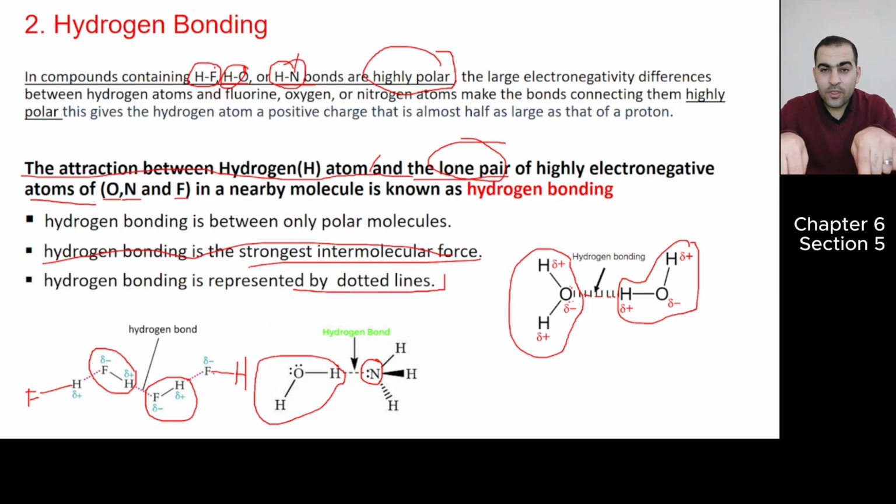So hydrogen bonding is a dipole force, but not all dipole forces are hydrogen bonding, like hydrogen chloride. Is there a hydrogen-oxygen, hydrogen-nitrogen, or hydrogen-fluorine bond?